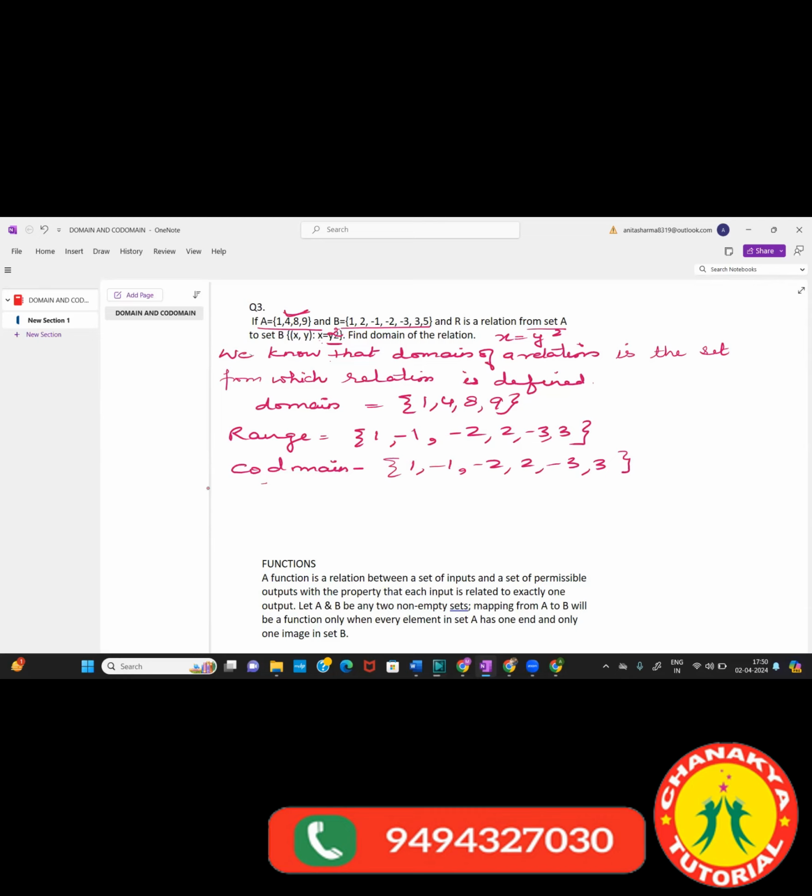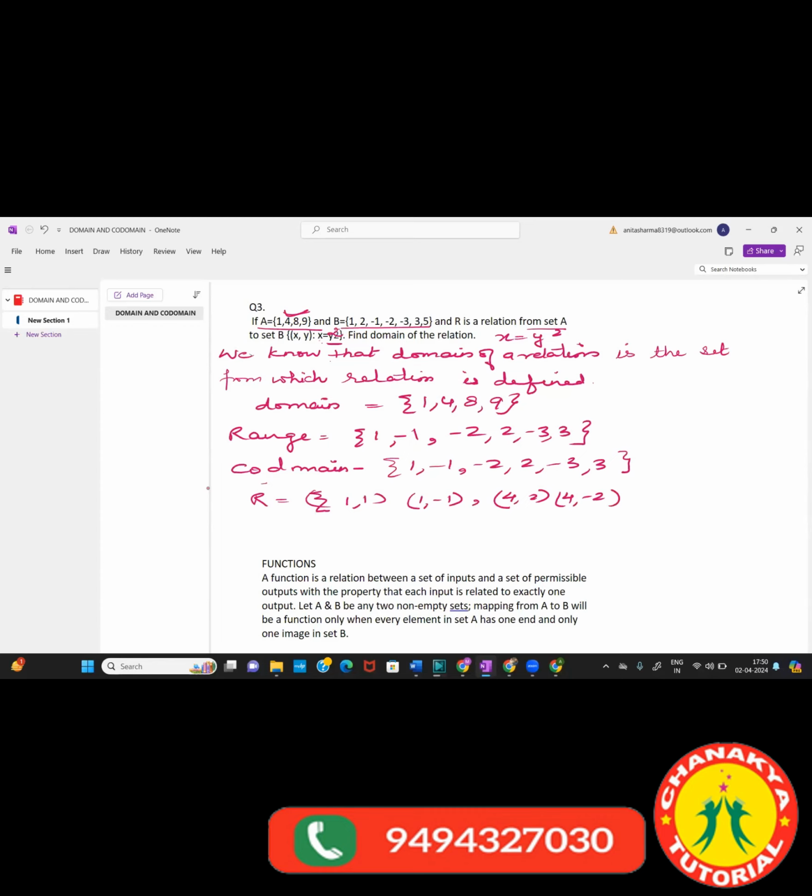And what will be your relation, beta? If you are taking 1, then square of 1 is 1 only. Then if you are taking minus 1, square of minus 1 is 1 only. Then if you are taking 2, square of 2 is 4 only. If you are taking minus 2, square of this is 4 only.